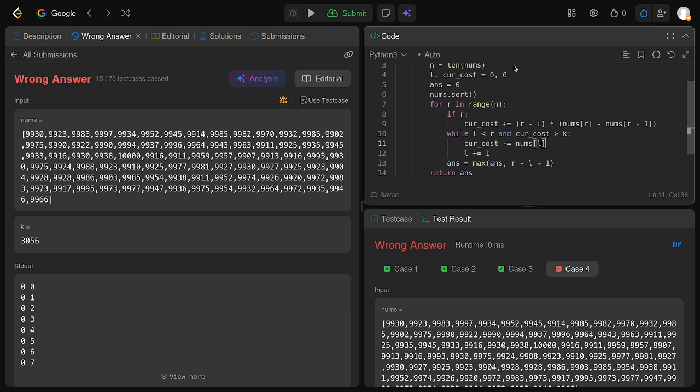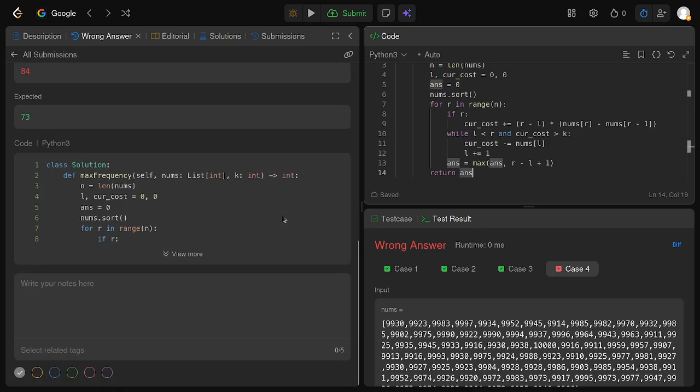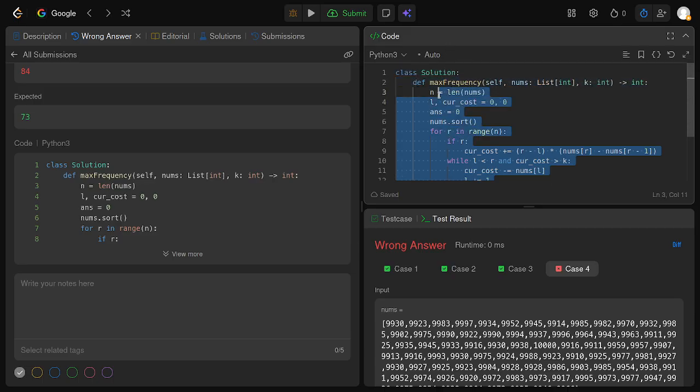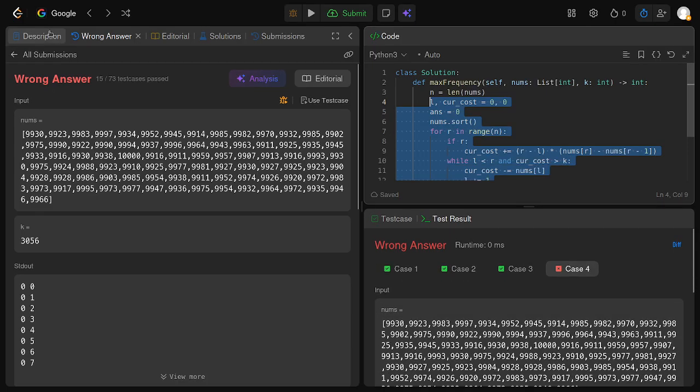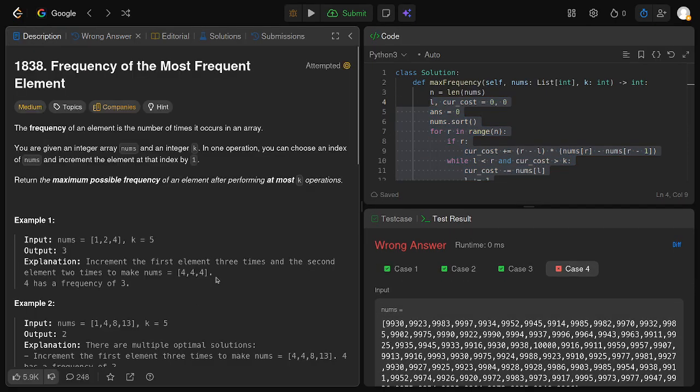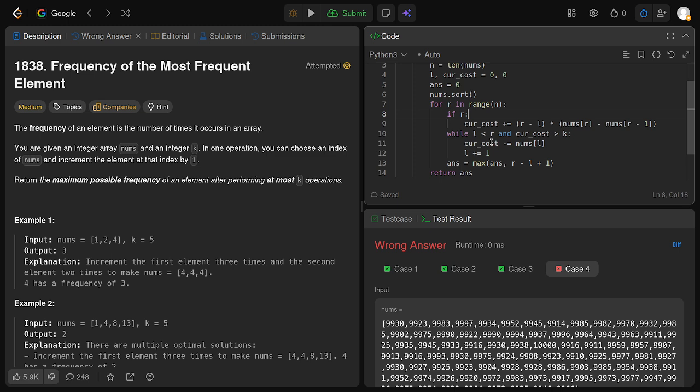You know what? If I use sorting either way, I could use binary search. Or wait. Yeah, no, I cannot use binary search.